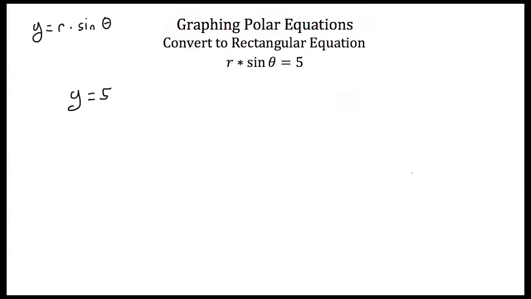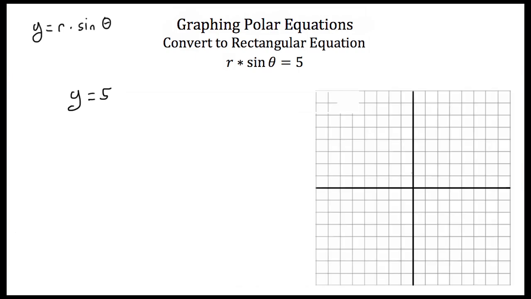Well, if I want to graph that, that's easy. That's a horizontal line that passes through the point (0, 5). So the graph of r times the sine of theta would look something like this. As our theta gets smaller, our r here is getting bigger.